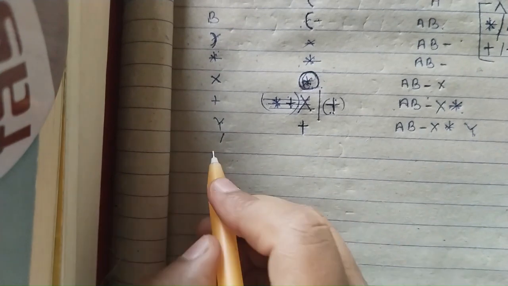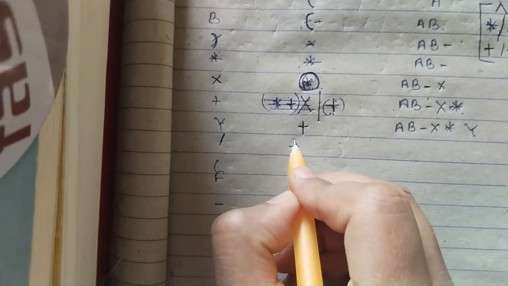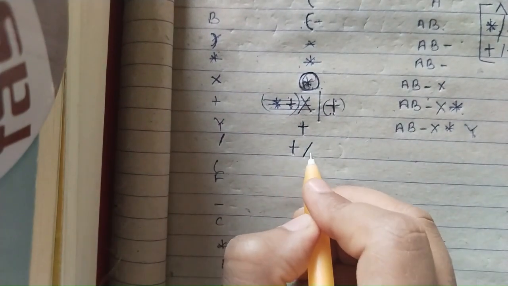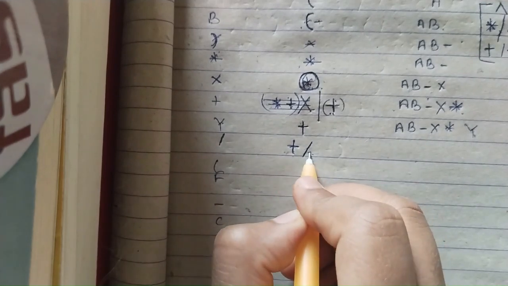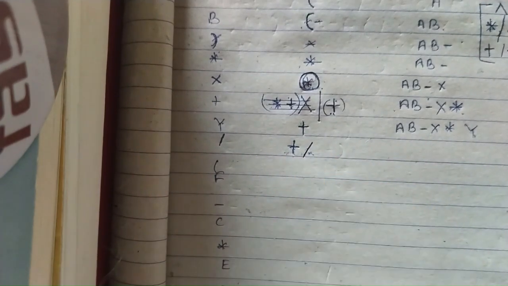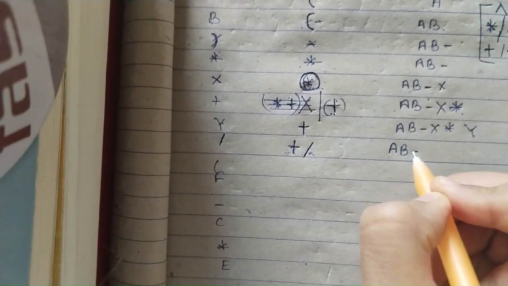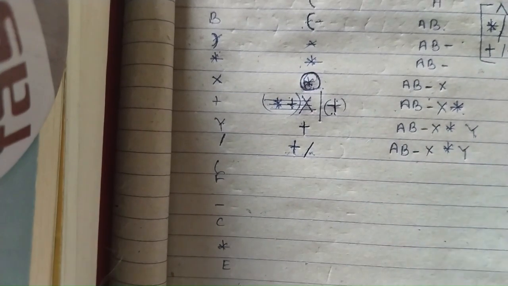Next comes your division sign. So division has the higher precedency as compared to plus, so it can come out. It will be at the right hand side, and since it is following the rules of infix to postfix conversion, this is actually correct. So we are left with the expression AB minus X into Y, right?